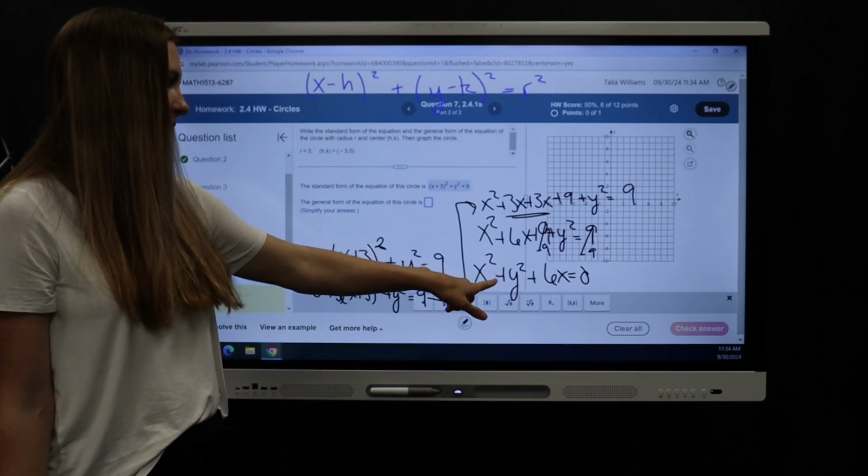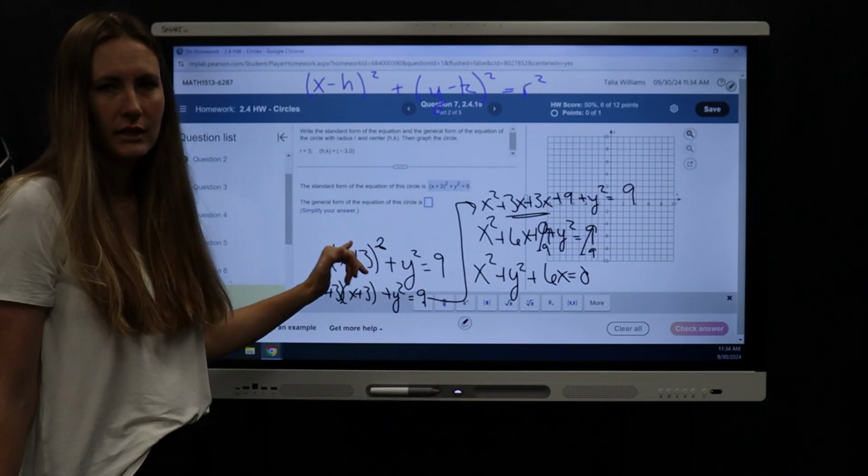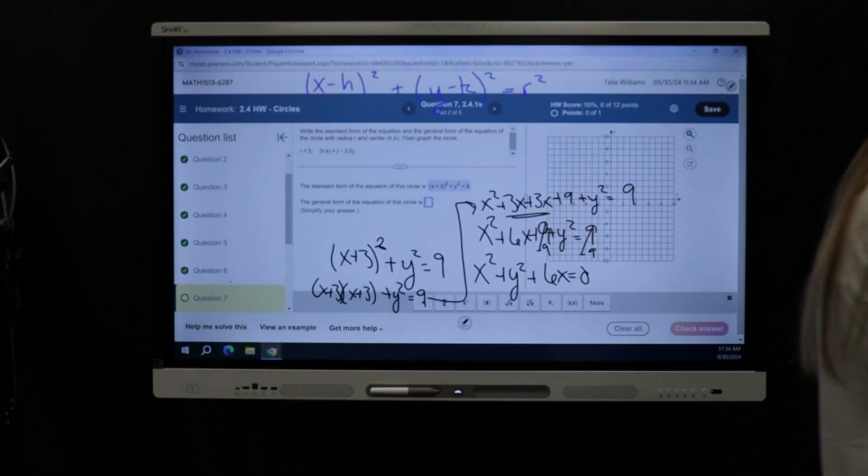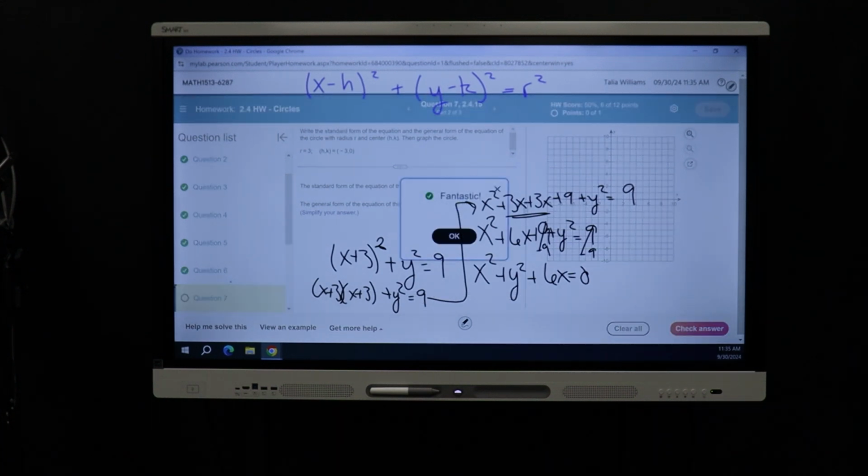Because the only way to figure out what my center was, if I have this, is to complete that square. But I think we have to do that in a couple problems anyway. So x squared plus y squared plus 6x equals 0. And then we got to graph this.